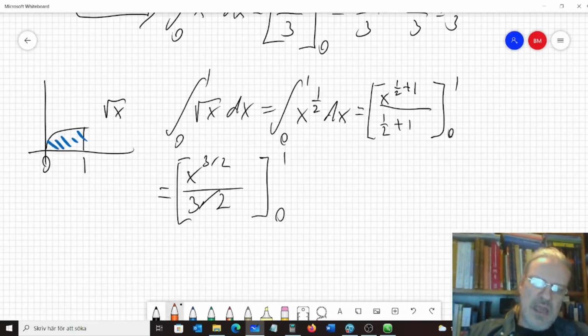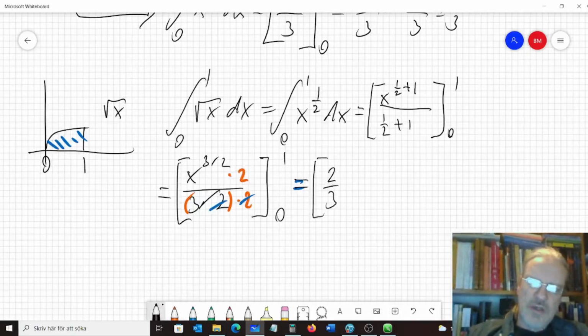Here I will multiply both the numerator and denominator by 2, and that will cancel the 2 against the 2. So that will give us 2/3 of x to the power of 3/2 from 0 to 1.